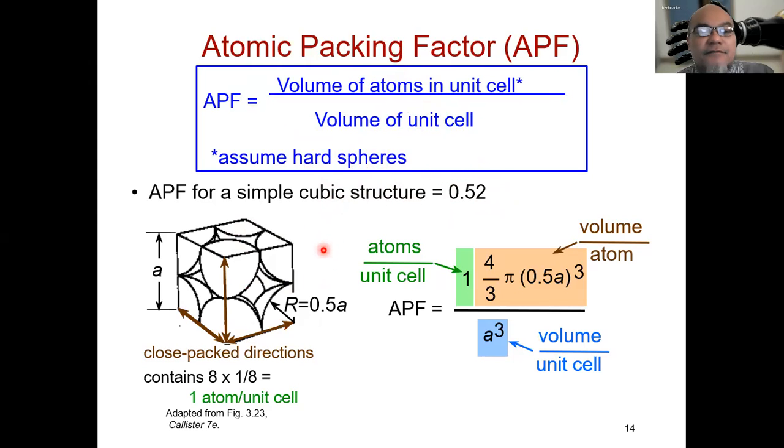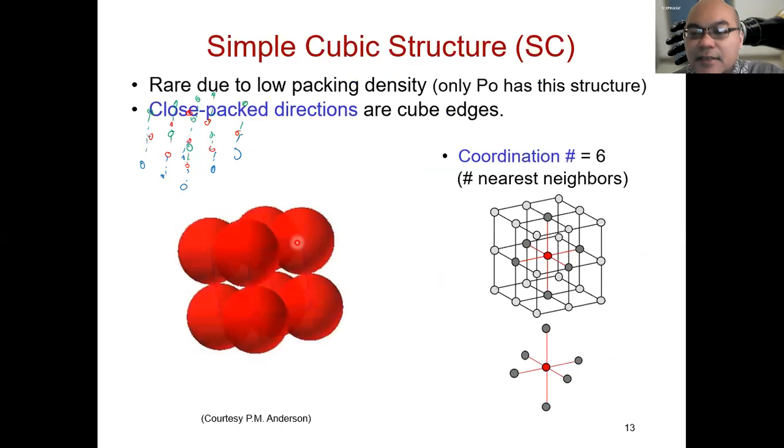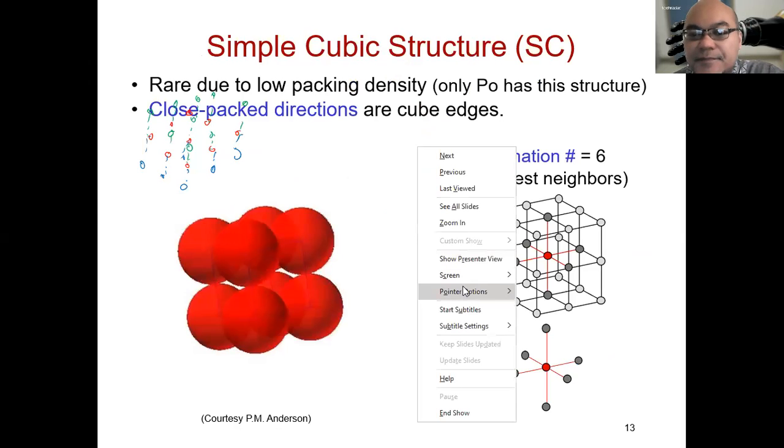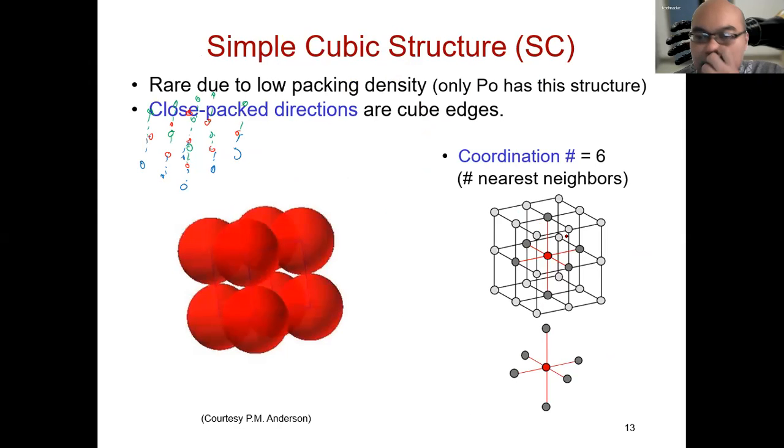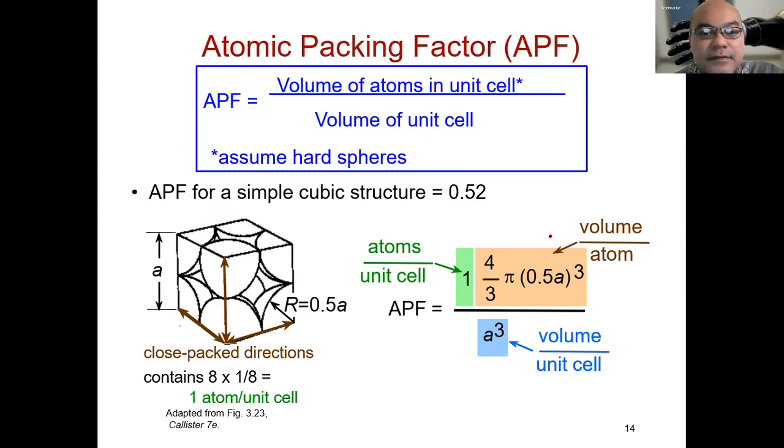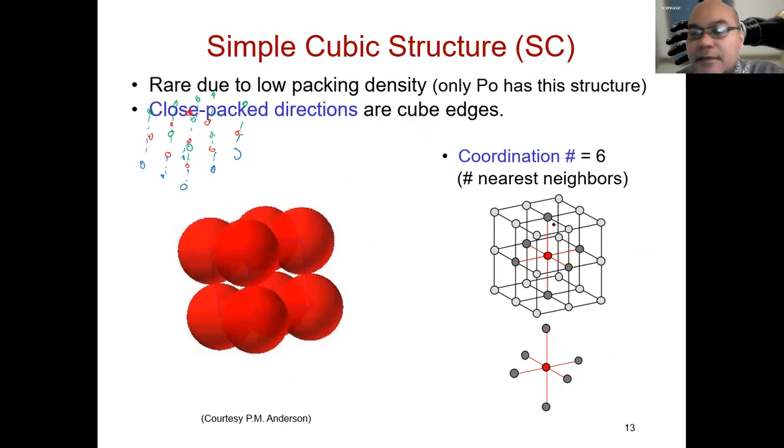So here, if we have a single unit cell, a single unit cell in this case is like this. For example, between this and this is a single unit cell.